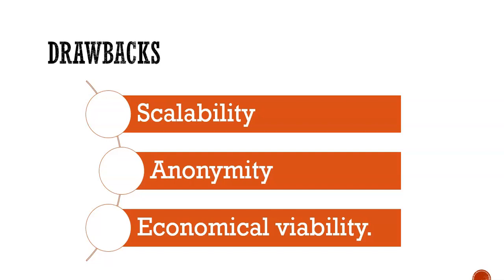The major drawback is scalability. In the current transaction system, we are able to do thousands of transactions per second. But in blockchain, it is not possible. Say, for example, a transaction will not be processed immediately. Even a block creation will take at least 10 minutes on average in Bitcoin.